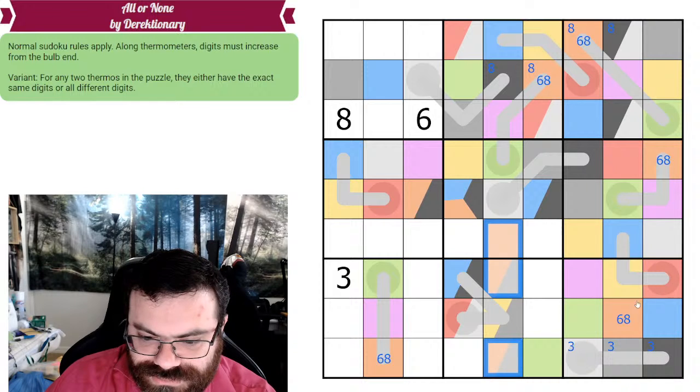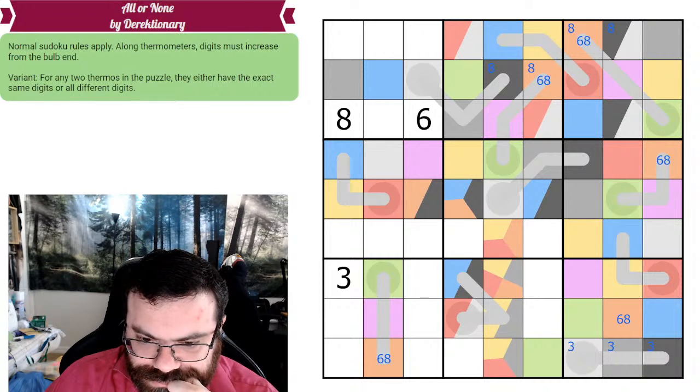Looks like it, oh, this can't be orange. That's good. I need a red. And I need a yellow. This can't be yellow.